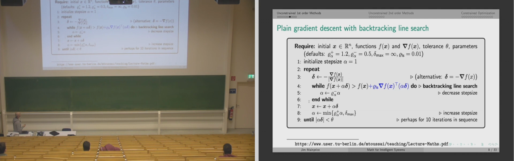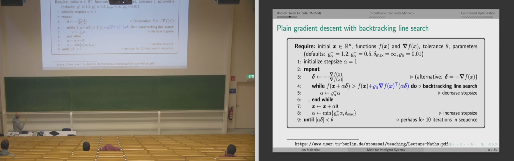And once we found what alpha would be, we just apply our update to x. Remember that delta here is the negative normalized gradient. So we just add alpha times the step.